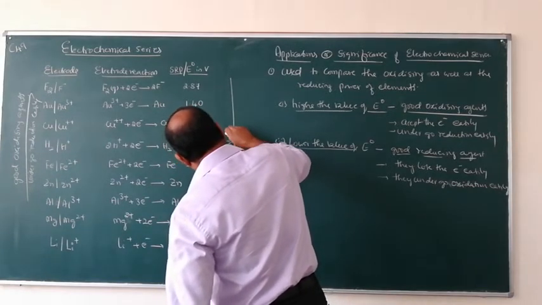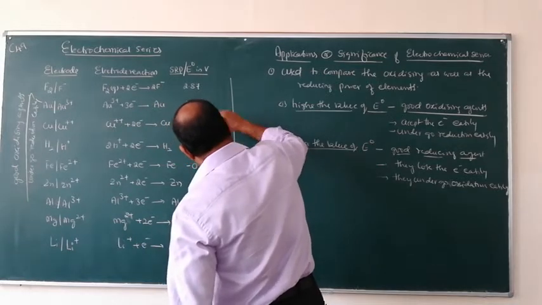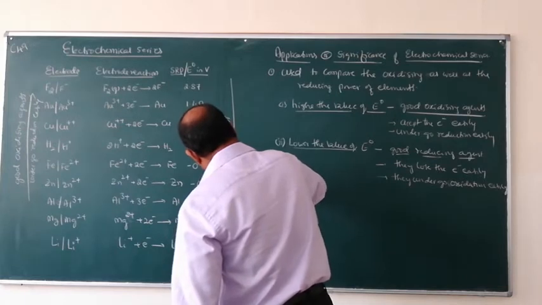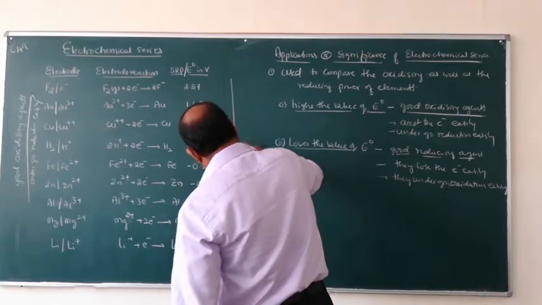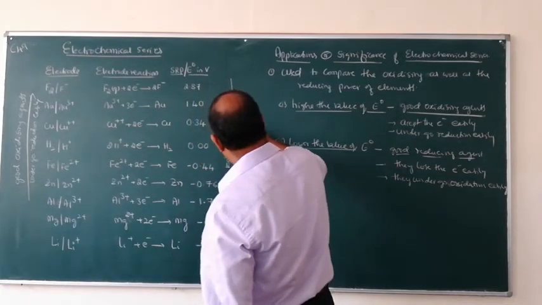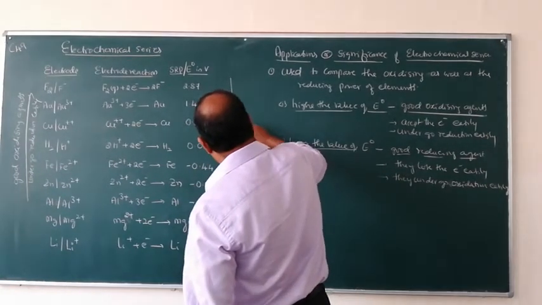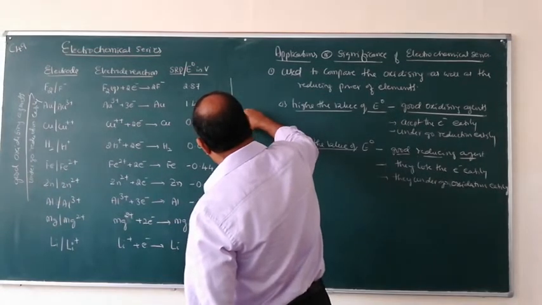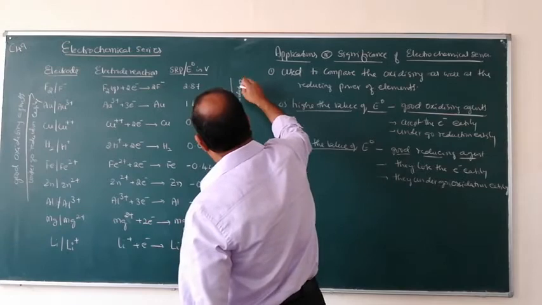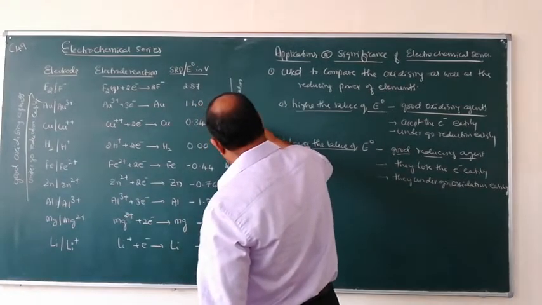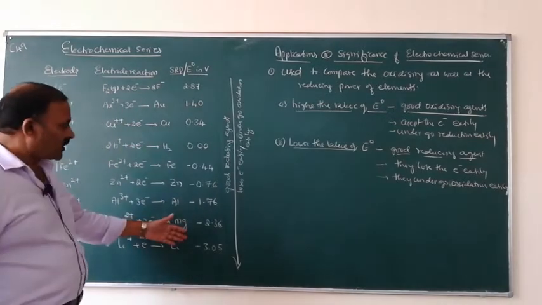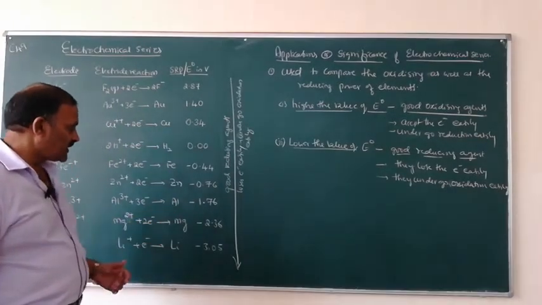Reducing agents means they lose electrons easily, undergo oxidation easily. So the elements which are at the bottom undergo oxidation easily.